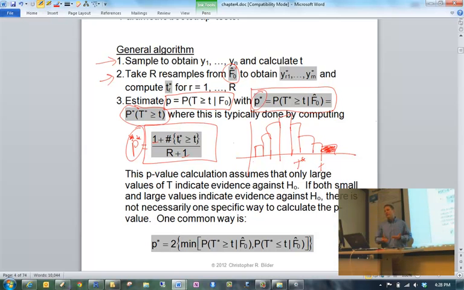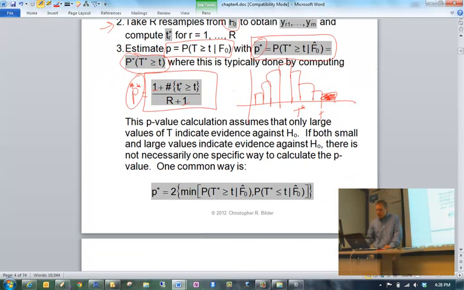Now, what happens if, let's say, both small and large values indicate evidence against the null hypothesis? So you're not necessarily saying it has to be greater than your original test statistic to reject H0. Well, there's not necessarily a unique way to define a p-value in this situation, and this is the best one, generally speaking.